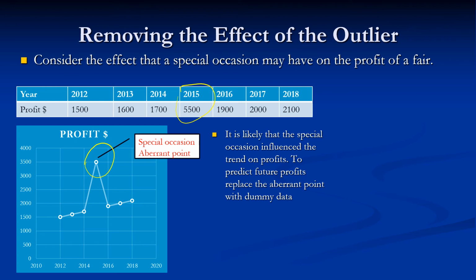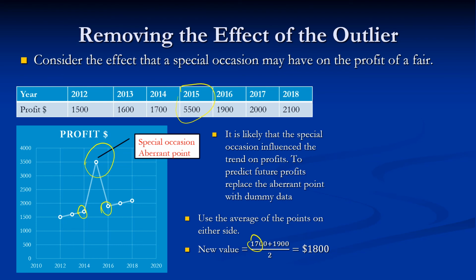Now, to predict future profits, we would want to replace that aberrant point with dummy data. To do that, we're just going to take the average of the points on either side. So if we have a look here, that's 1,700 and here is 1,900.